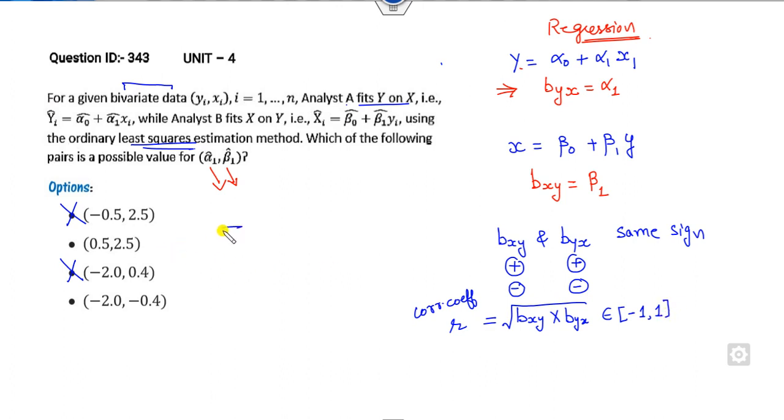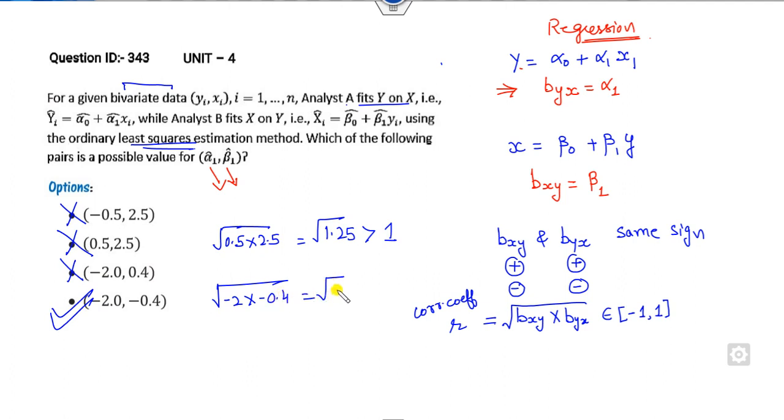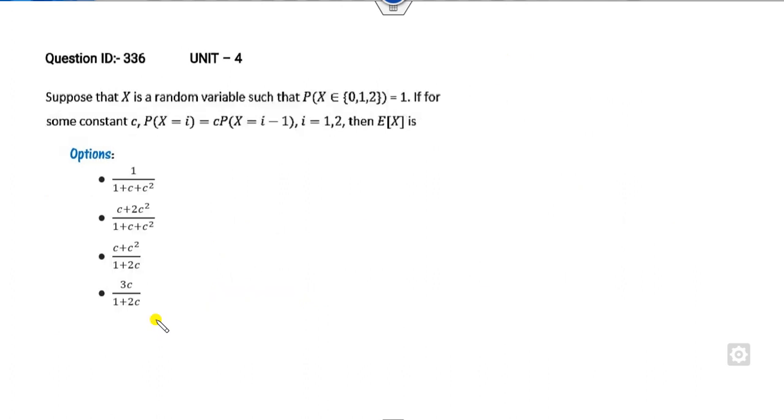So if we start from here, 0.5 times 2.5 gives you 1.25, which is greater than 1, so it does not satisfy this property. You can see that -2 times -0.4 gives you 0.8, which is less than 1. So the right answer is only D. That's very simple. Without solving, you can get your answer.